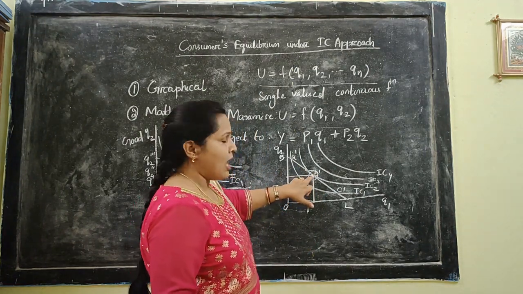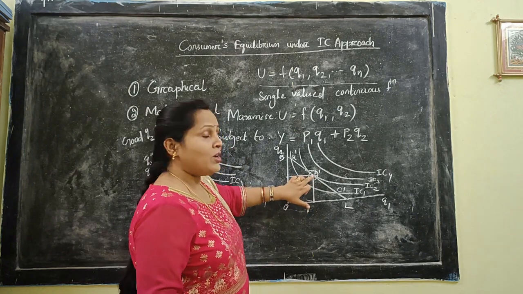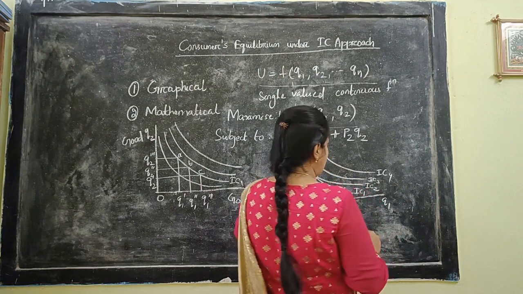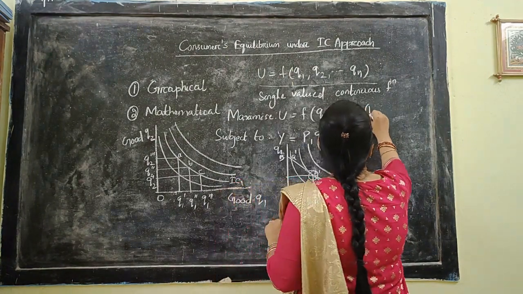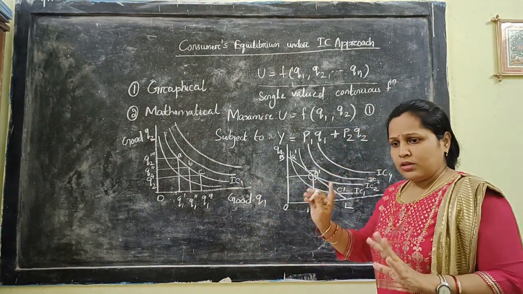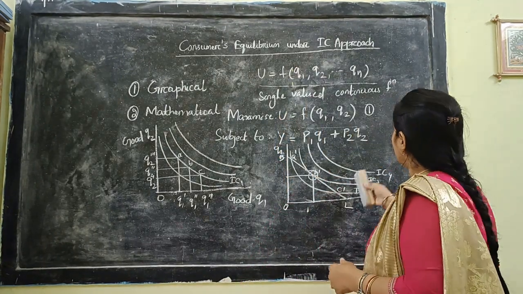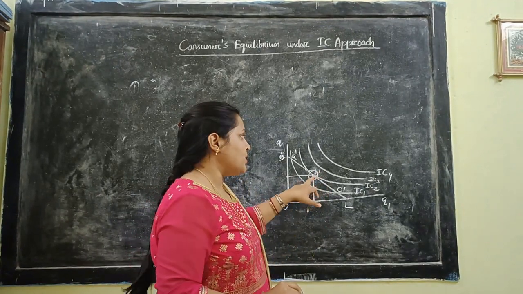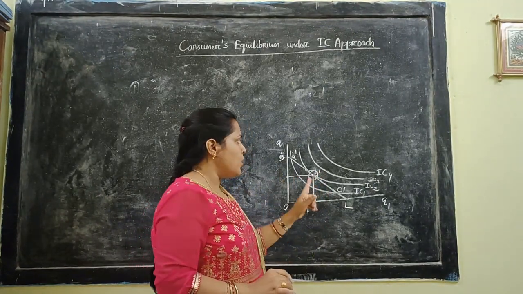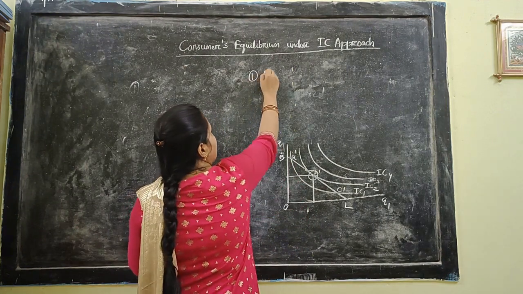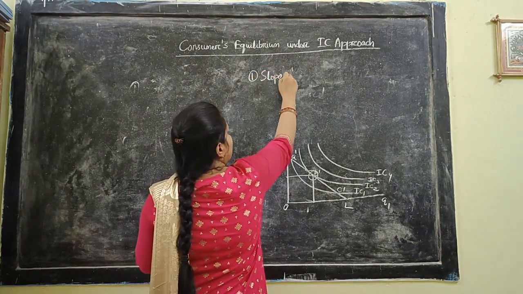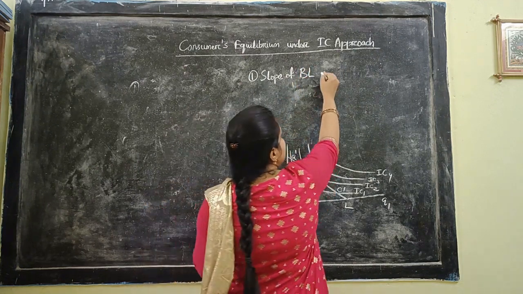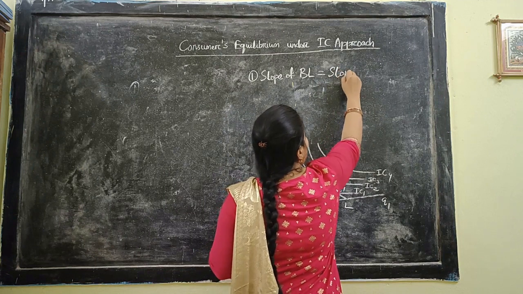How can we define this point? This point satisfies two conditions of equilibrium. The first condition is that the slope of the budget line, BL, should be equal to the slope of the indifference curve.